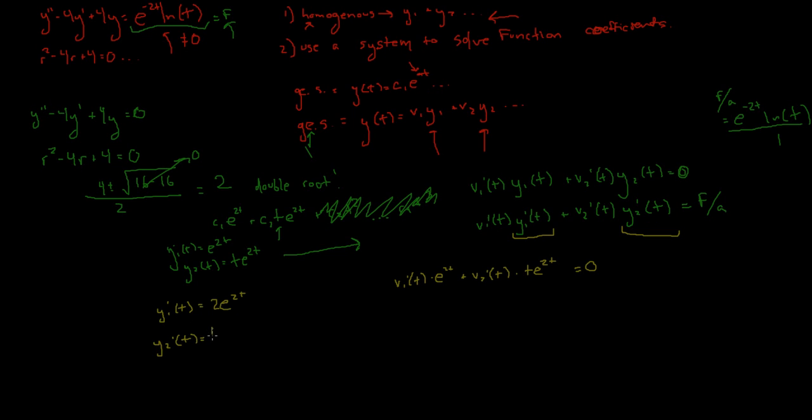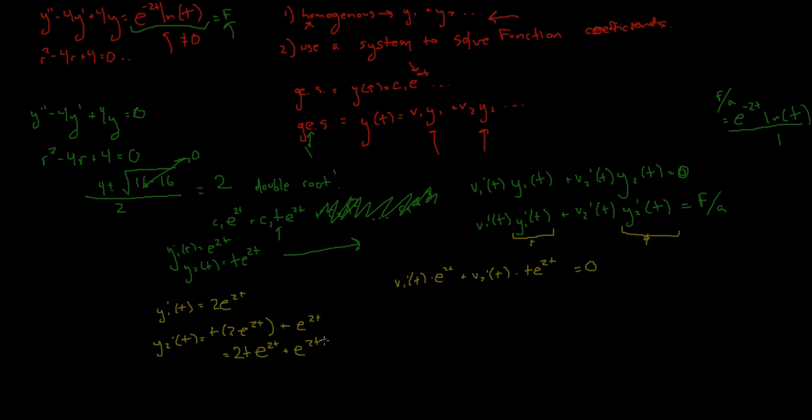That's first times the derivative of the second, plus second times the derivative of the first, which is just 1. So I'll rewrite it: 2t e to the 2t plus e to the 2t. You can pull out the e to the 2t, it doesn't really matter.